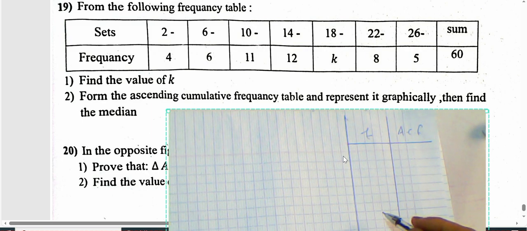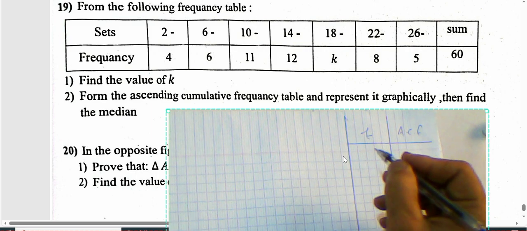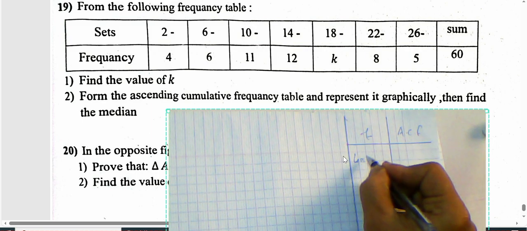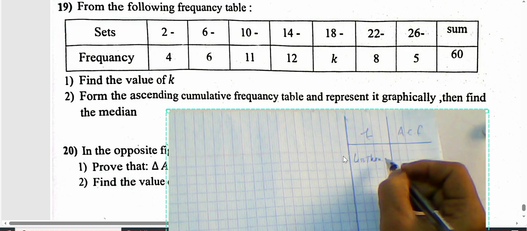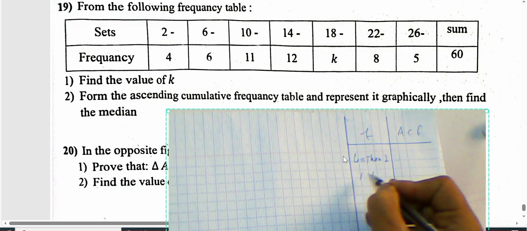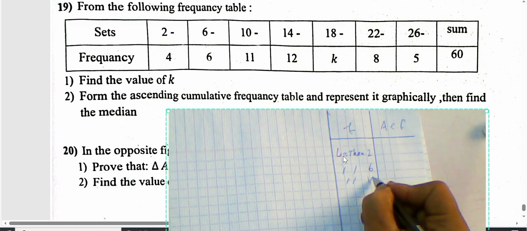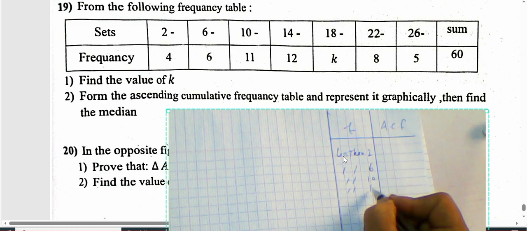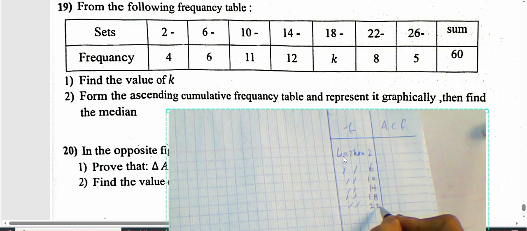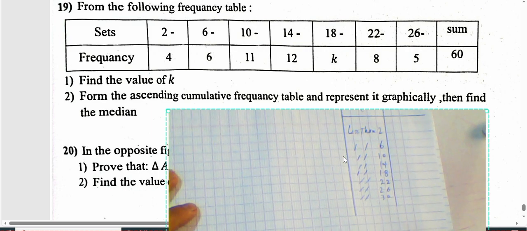For the ascending cumulative frequency, we can write: less than 2, less than 6, less than 10, less than 14, less than 18, less than 22, less than 26, less than 30. Okay.